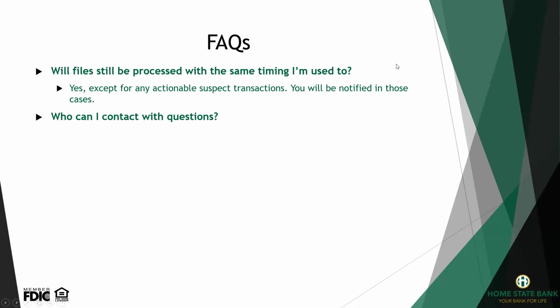And then who can I contact with questions? It's really any of us that are sitting in today: Megan, myself, Crystal. There is the businessonline@hsbank.net email address. So we've touched on that a few times. But truly, if there's any given individual that you're used to working with here at Home State, or even just our main line, as we talked about, any questions at all, we can get answered for you.